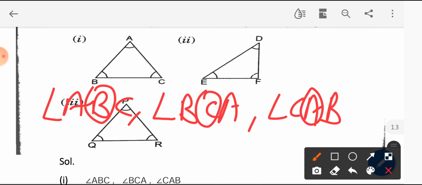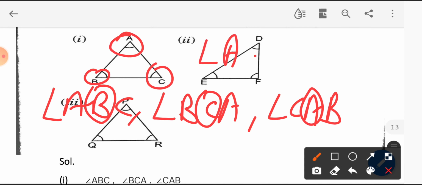All 3 angles came. We know how many angles a triangle has? 3 angles: angle A, angle B and angle C. Directly also we can write angle A, angle B and angle C. But if you want to write in a second way, how can you write?